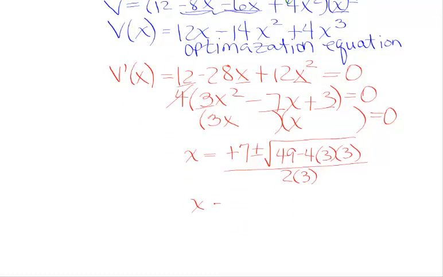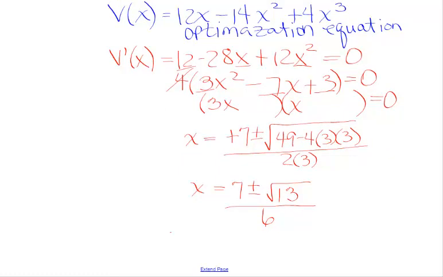So x is 7 plus or minus the square root of 49 minus 12 times 3, which is 36. There's why it doesn't factor very pretty. There are the values. So x is either 7 plus root 13 over 6 or 7 minus root 13 over 6.